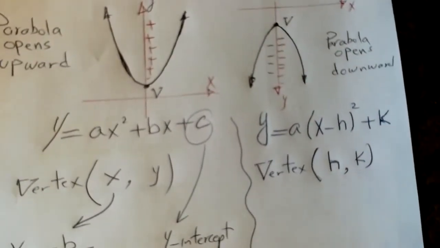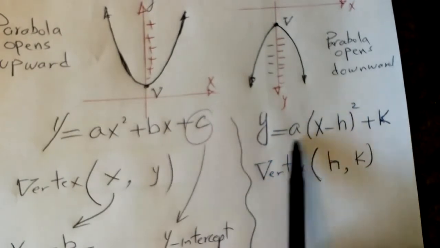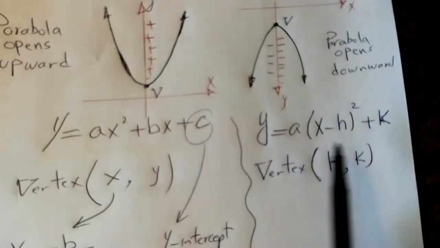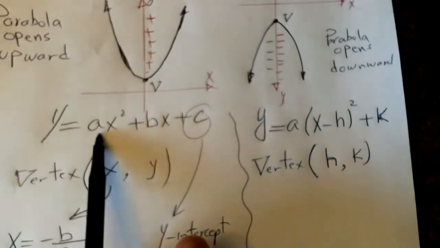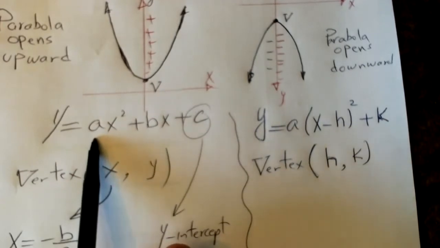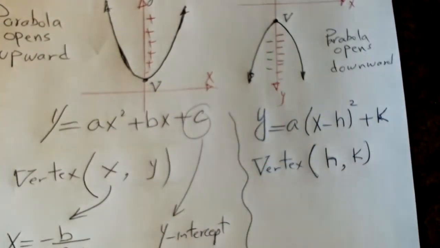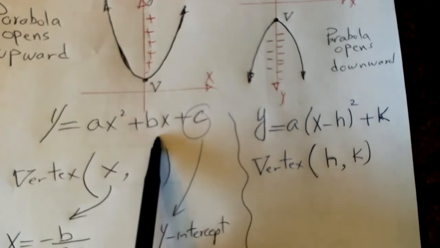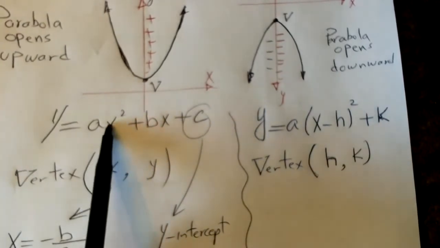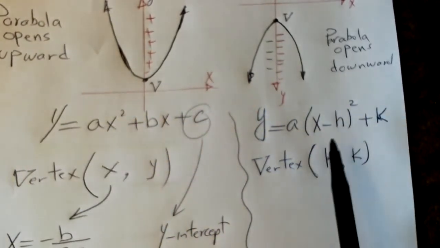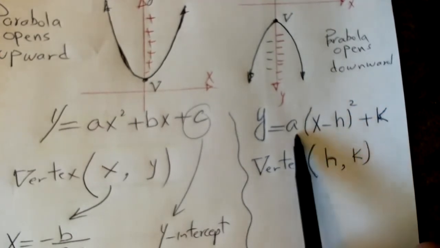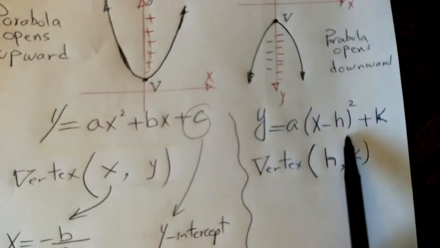You know, the equation of a parabola is given in this form, okay? A determines whether the parabola opens upward or downward. If the equation is given in this form, A is the number sitting next to x squared. If the equation is written in this form, A is the number outside the parentheses.